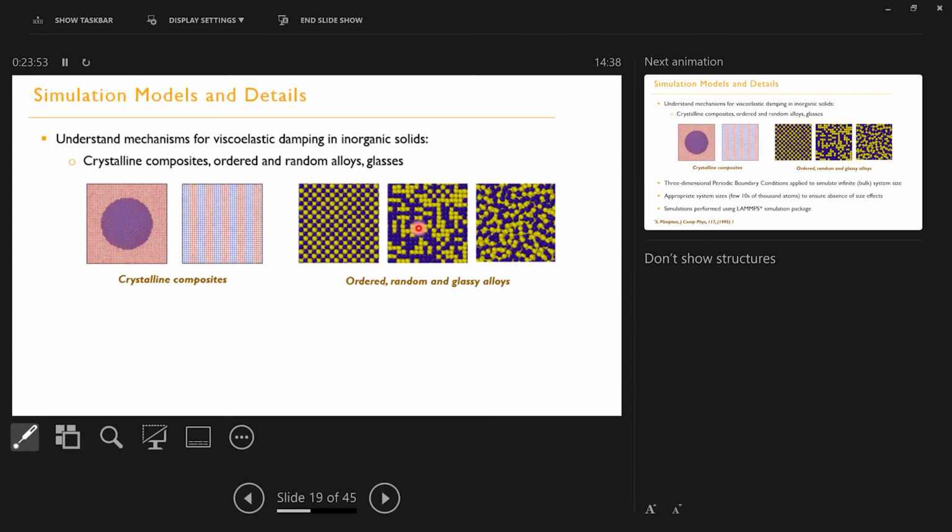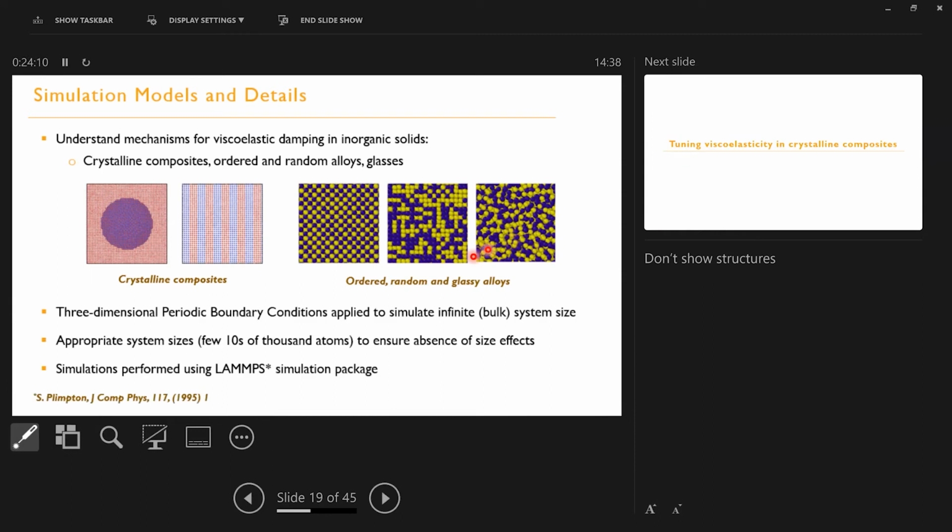It is still following a cubic symmetry, but the atoms are placed randomly in these lattice points. Okay, and the third structure is what we commonly call glass or amorphous structure, where there is neither chemical order nor structural order. Okay, and I won't go into the details here. We apply periodic boundary conditions. We simulate a few tens of thousands of atoms, and we use LAMMPS for all these simulations.